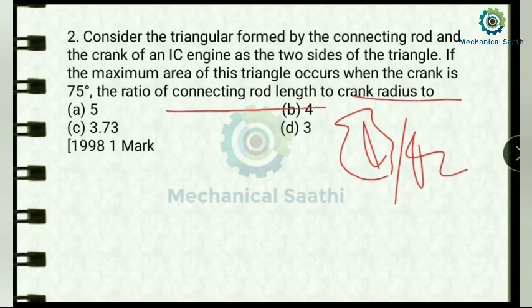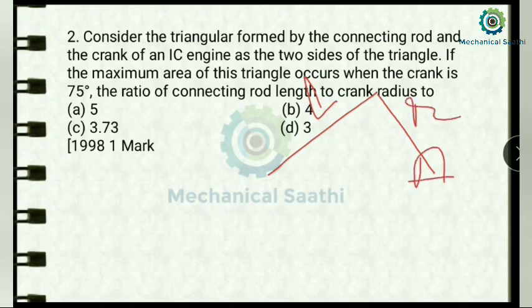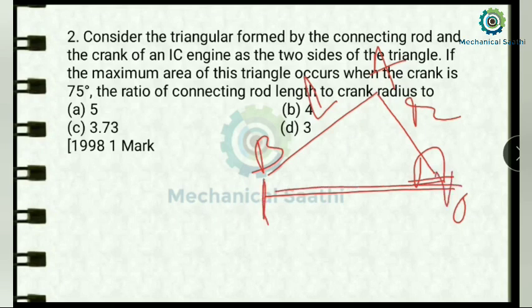Let us try to draw the diagram over here first. We get a diagram like this, where this is the connecting rod length L, and this is R. Somewhere here it will be fixed. Let me give the names: this is point O, this is point A, and this is point B. This will be the base length.